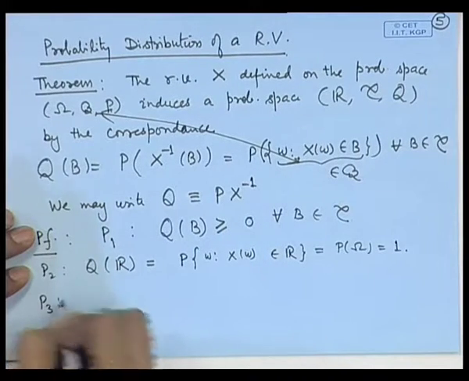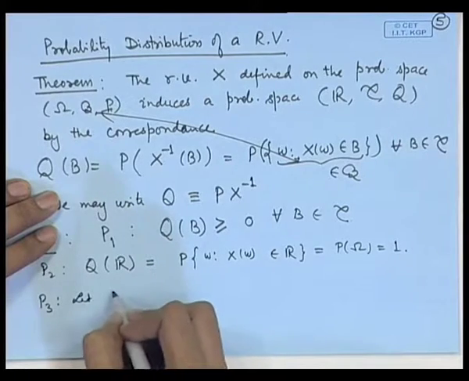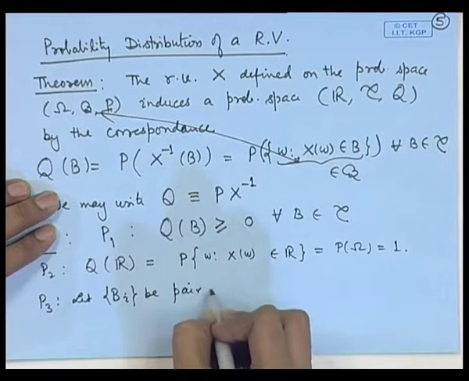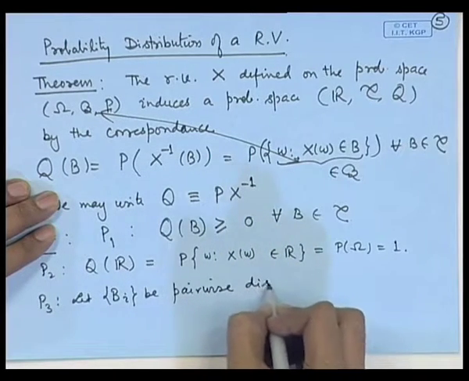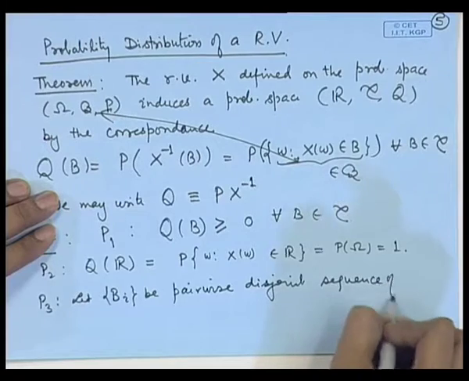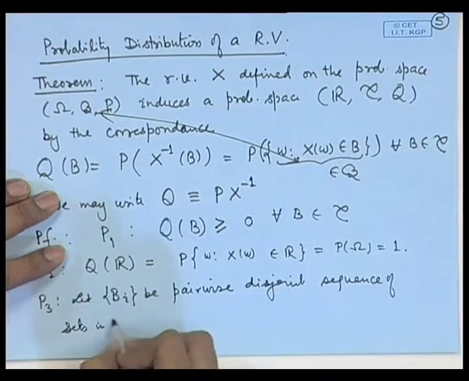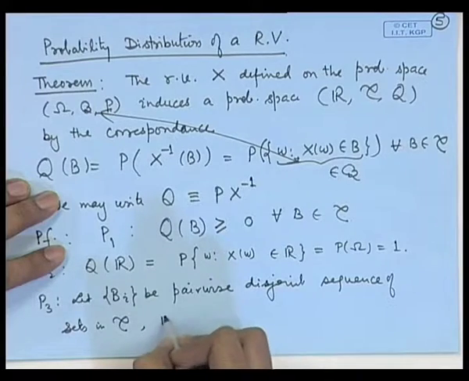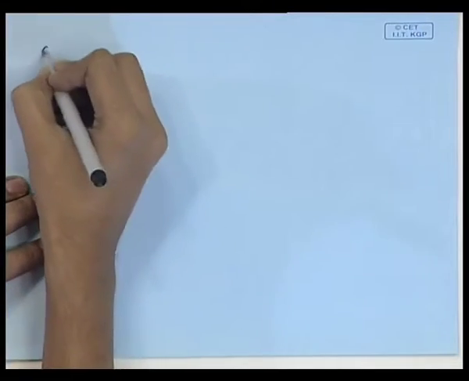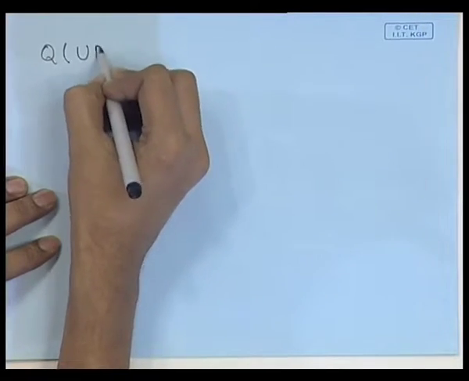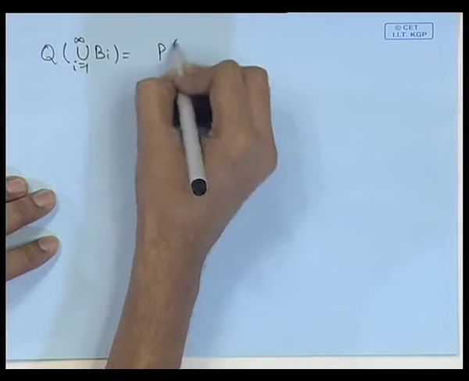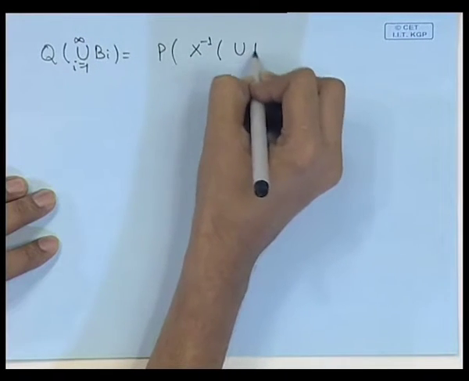If we consider B_i's as a pairwise disjoint sequence of sets in C, then Q of the union of B_i, i equal to 1 to infinity, is equal to probability of X inverse of the union of B_i.